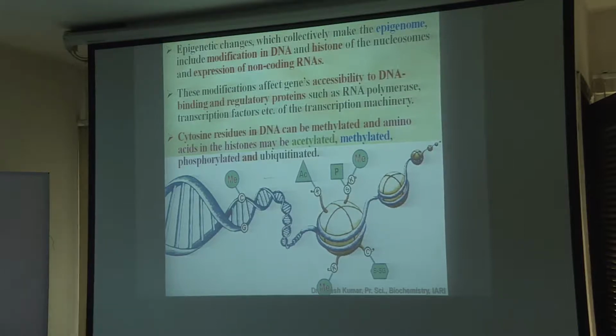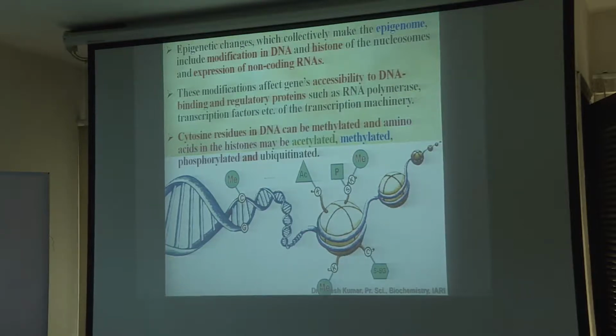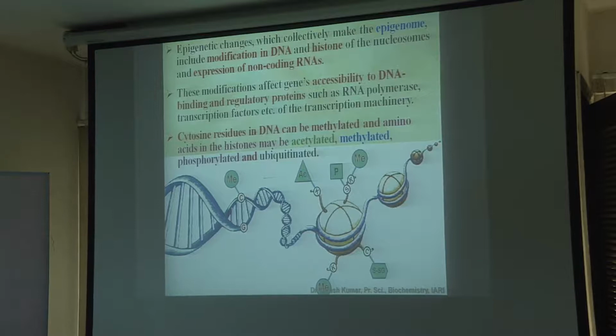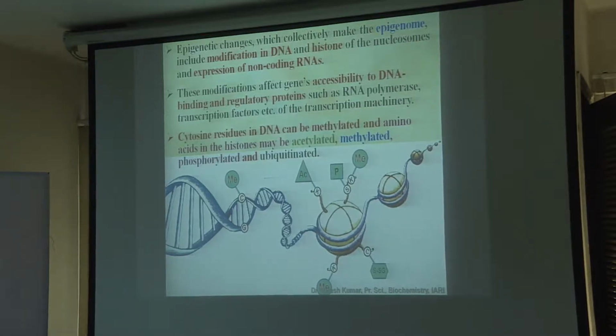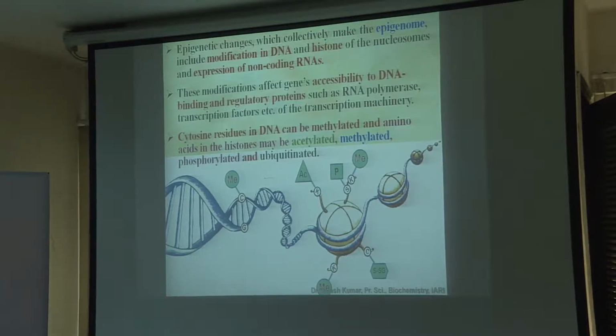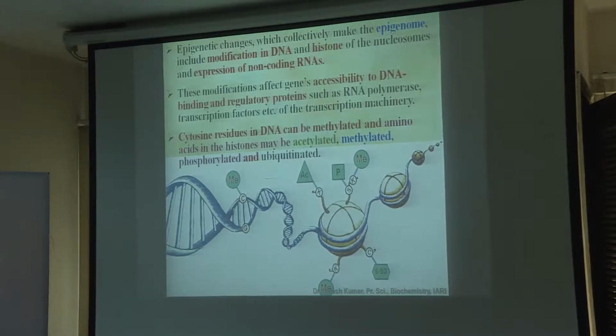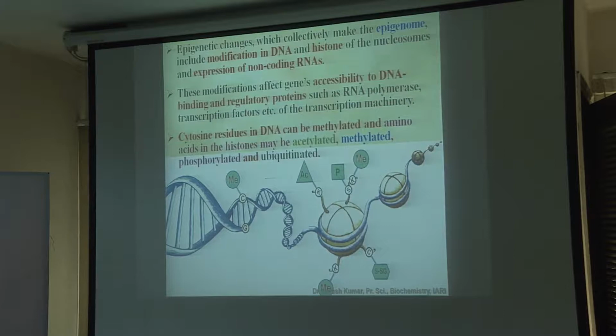If lysine is methylated, then the modified DNA and modified protein may make a very compact position. So, if wrapped DNA wants to unwrap, it will be difficult, and you know that for expression of a gene, the DNA has to unwrap so that transcription can take place. When transcription is over, again it has to come back and wrap on the histone proteins.